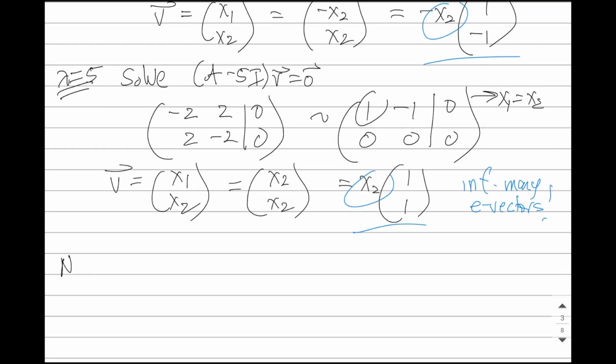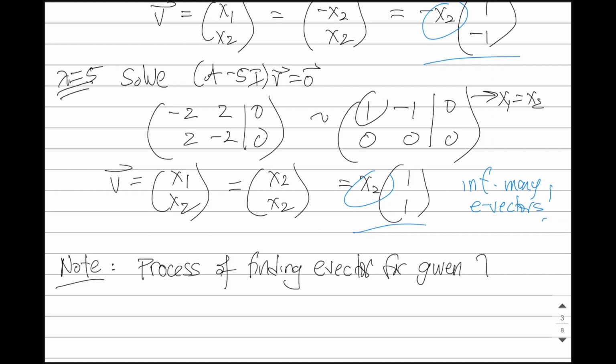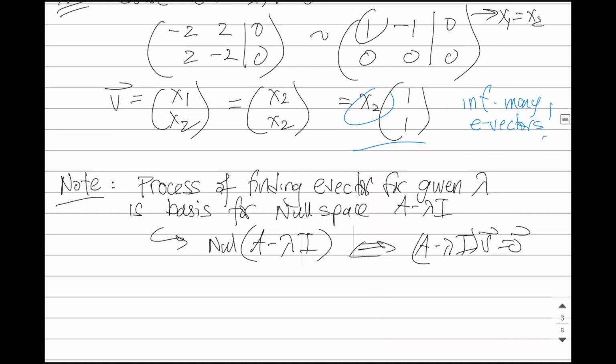How can I say there's just one eigenvector for my problem? The process of finding an eigenvector for a given lambda is essentially finding a basis for the null space of your matrix A minus lambda I. Solve A minus lambda I times some vector v is 0, and we would like to know all the solutions.